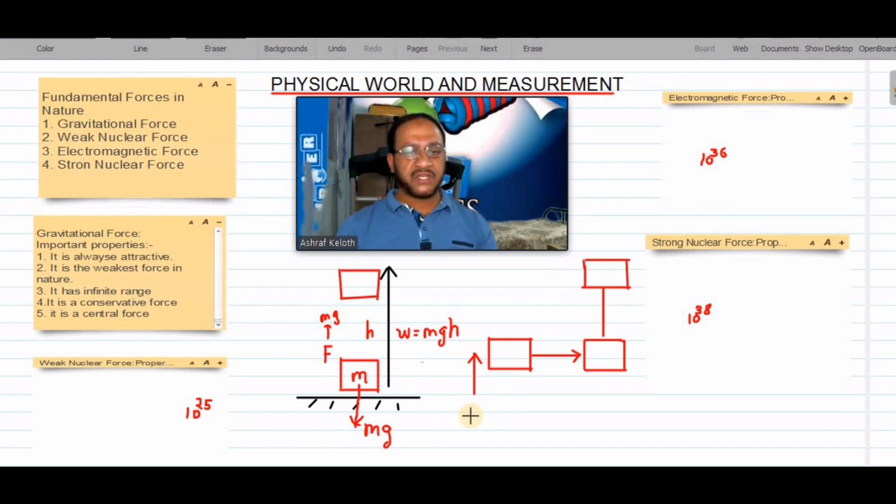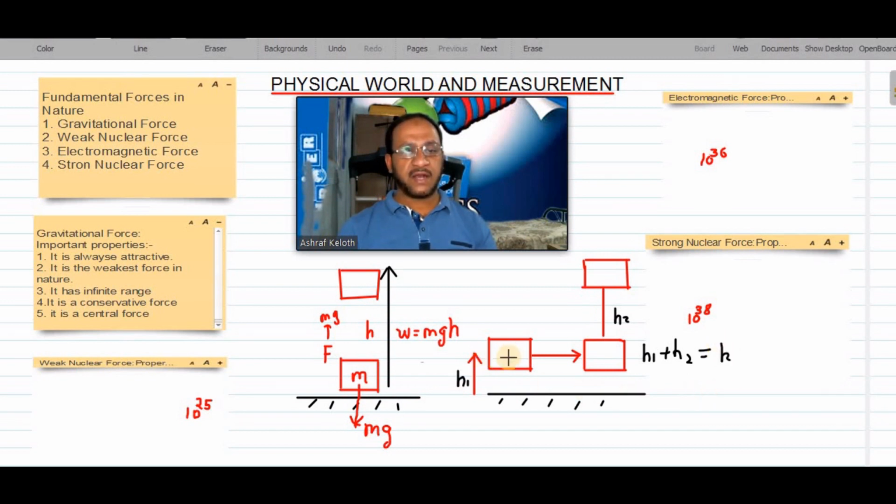Suppose the initial height lifted from the ground level is h1, and here there is no change in height, and this is h2. So h1 plus h2 is equal to the height of the first case.